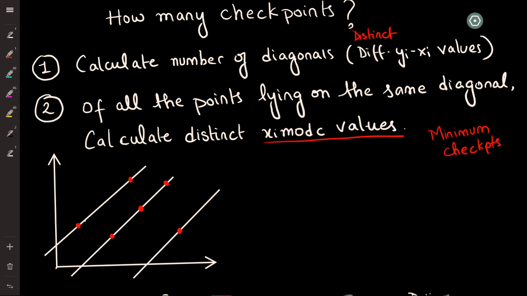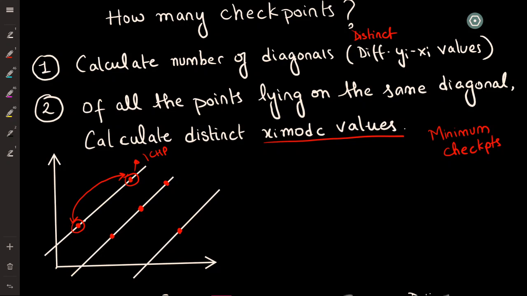For example, if in this case these 2 points might be reachable to one another, so this point and this point, I'll only use one checkpoint. I can place this checkpoint here. We're going to talk about the placement of the checkpoints so that the moves are minimized later, but right now we're solving just this sub problem of deciding the minimum number of checkpoints that we're going to need.